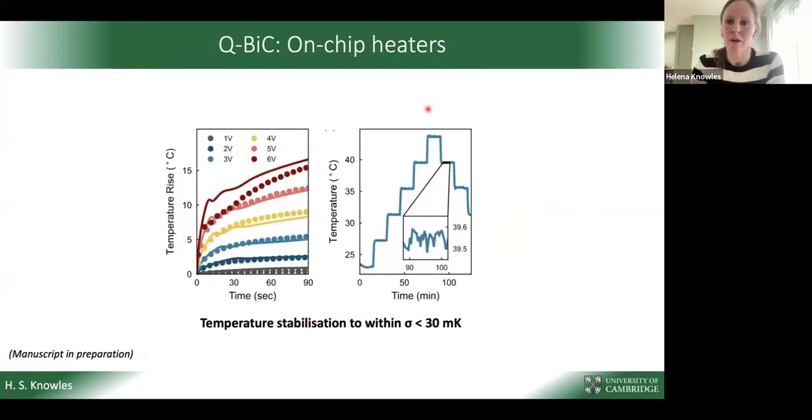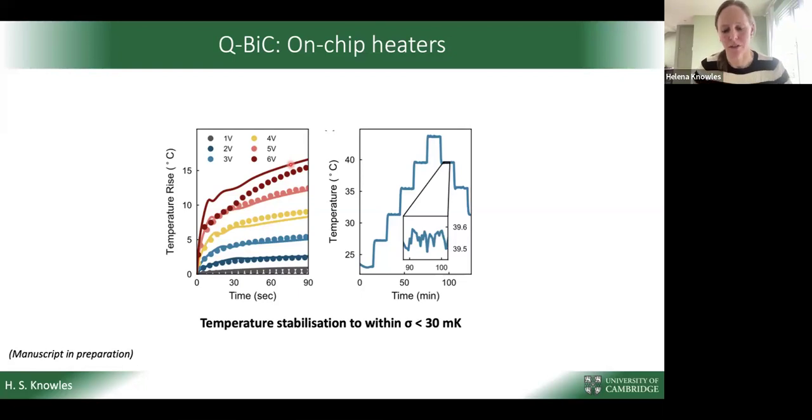And then, of course, calibrating the heaters is another key component. Here what we do is we switch the heater on, so it's just a DC voltage applied to these heating elements, and then we use our resistive thermometer to measure what happens over time. And you can see at lower voltages, this follows very well. The simulations are in the curves, and the data points are measured from the thermometer.